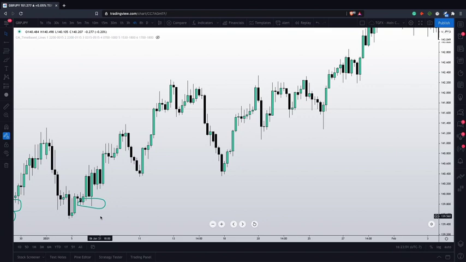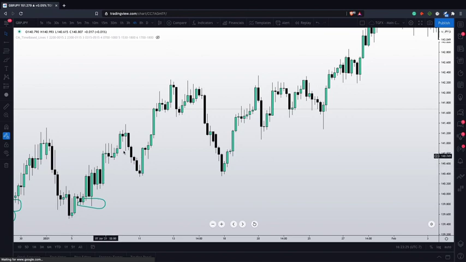Okay. Now, when the market shot up with this bullish engulfing here, what that's telling us is that there was now more demand than there was supply at this level. Okay, because if it was an equal amount of supply and demand, the market would just continue moving sideways. So this candle now told us that there was far more demand at this level than supply.